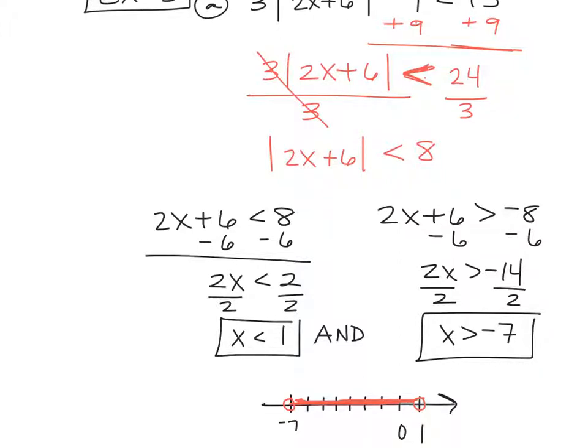Questions? Whenever you get to the point where the absolute value is isolated, less than is an and problem. Less than will always be and. Greater will be an or problem. And that's really just a way for you to check your work. It's not like if you can't figure it out right there, you're not okay. You don't have to be able to tell me right off the bat it's and or.